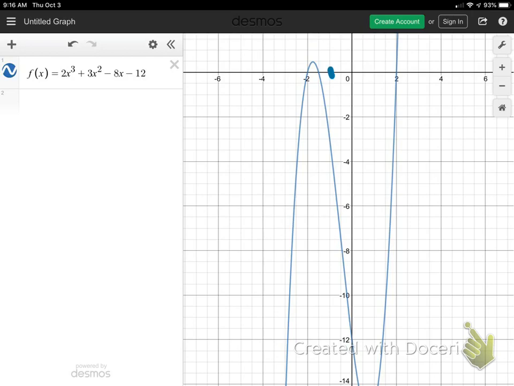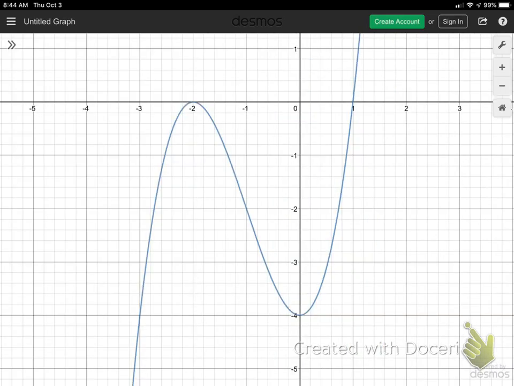That's why our scale looks a little different. Okay? Desmos is a tool. Do not use Desmos so much that you don't know what to do, because you can't use Desmos on your tests.